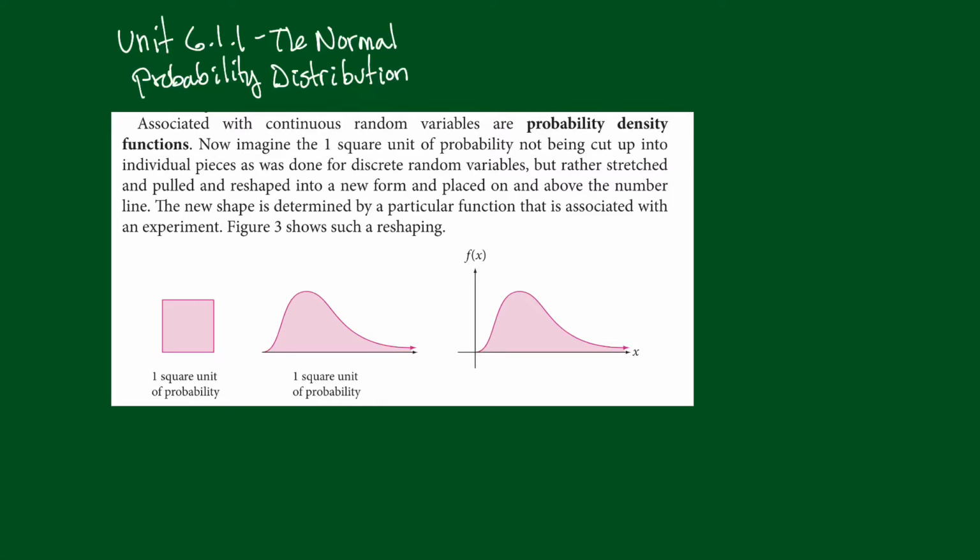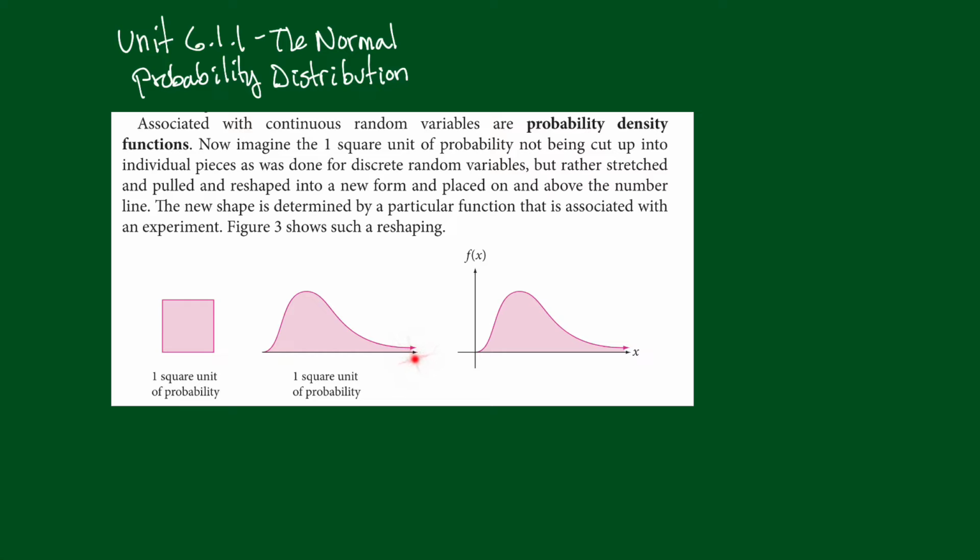Well, now imagine the 1 unit square of probability not being cut up into individual pieces, as we did for that discrete variable, but rather stretched and pulled and reshaped into a new form and placed on and above the number line. So we're going to take this square and pull it and stretch it and shape it into a new shape, like maybe this shape right here, or any other shape, all right?